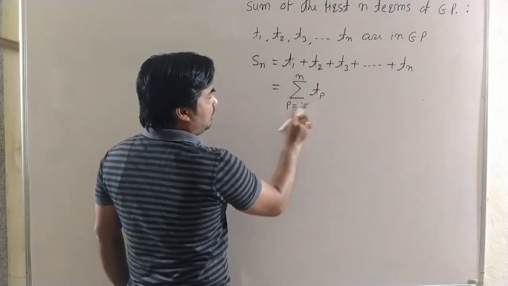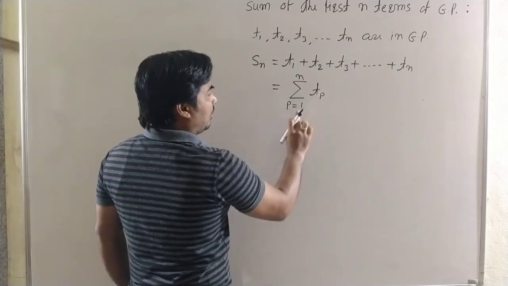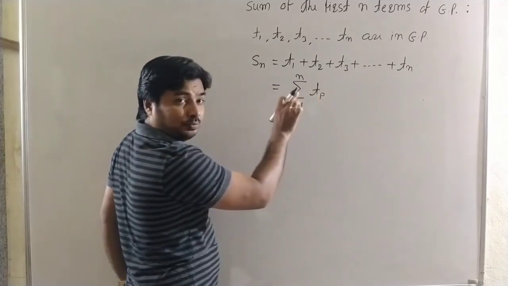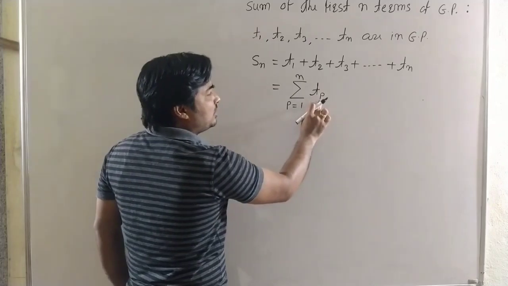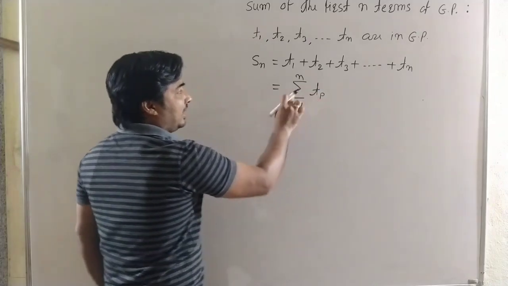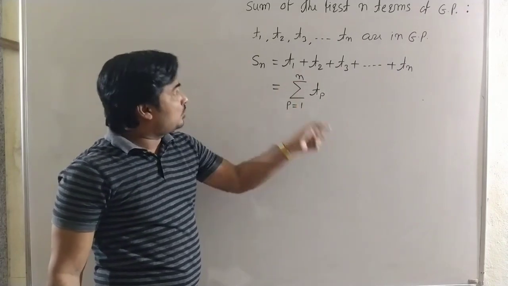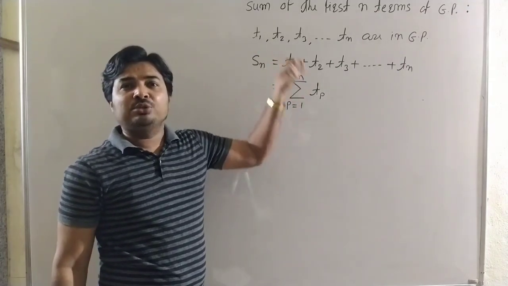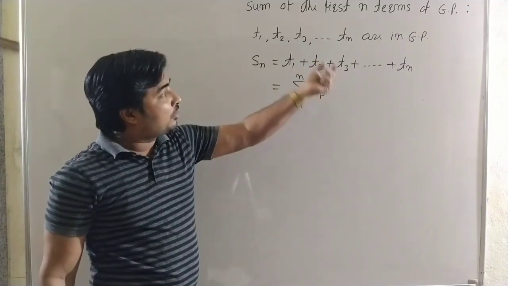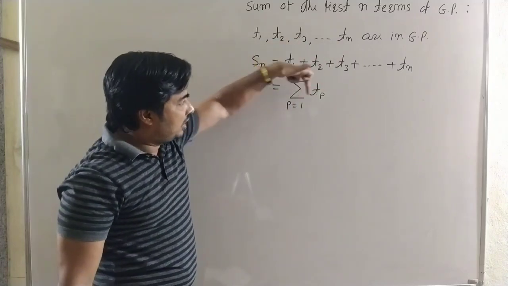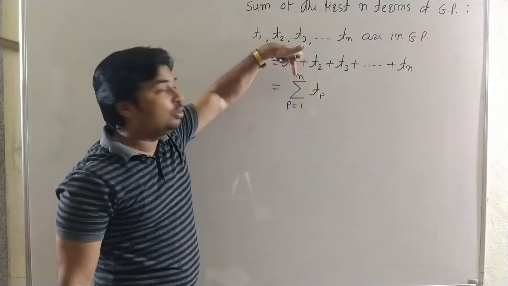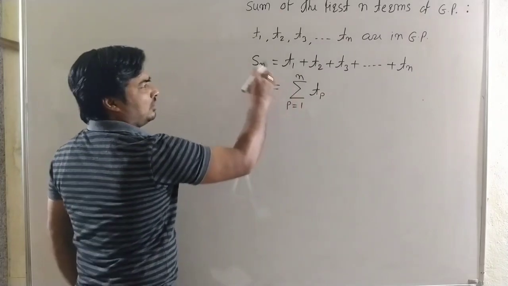When p is equal to 1, it is T1. When p is equal to 2, it is T2. When p is equal to 3, it is T3. This is the notation for the summation of all terms T1, T2, T3, T4 up to Tn, with p from 1 to n.